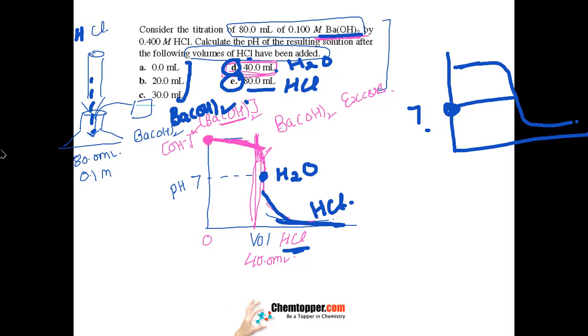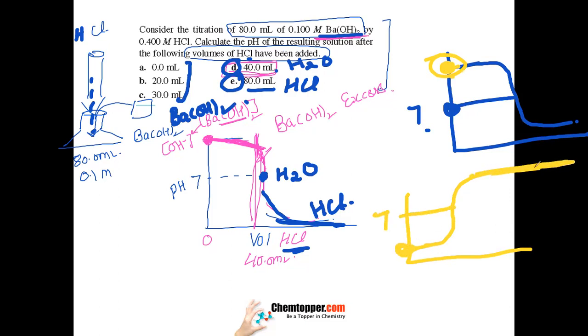Then they will keep asking questions like this. How to determine the pH at this point? If the graph is like this, then it is a strong base. But the graph can be like this also. Then this is the strong acid, this is the equivalence point, and this is the strong base.